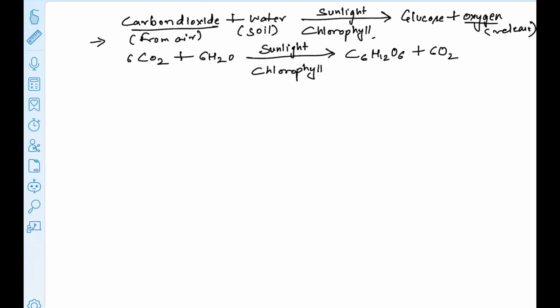Okay, so oxygen is released as a byproduct, or we can also say that 6 molecules of carbon dioxide combines with 6 molecules of water in the presence of sunlight and chlorophyll. Then they make their food, glucose, and 6 molecules of oxygen are released in the air, and that oxygen is taken up by us or by heterotrophs or all the living organisms.